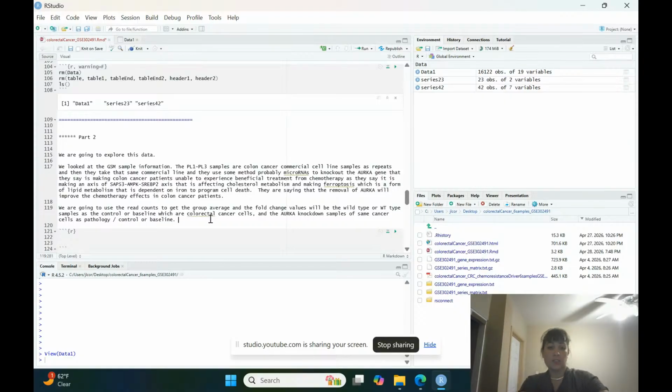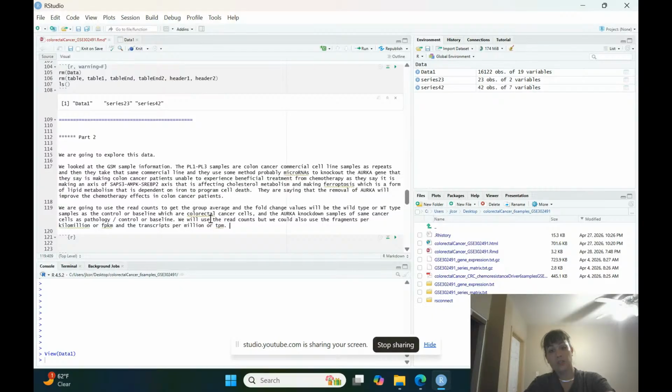Okay. And then we will use the read counts, but we could also use the fragments per kilobase million, or FPKM, and the transcripts per million or TPM.